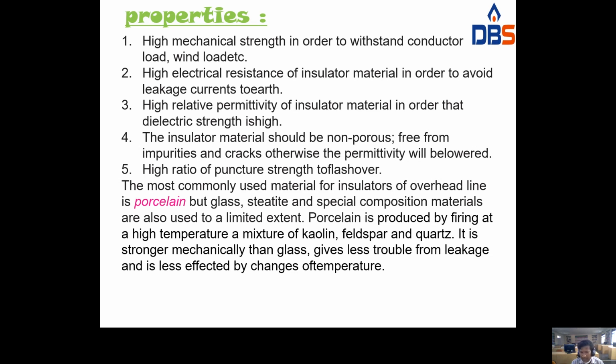It gives less trouble from leakage and is less affected by changes of temperature. If a change of temperature occurs, or leakage current is present, or mechanical strength is low, all these drawbacks are overcome with porcelain insulators. So porcelain insulators have good mechanical strength, avoid leakage current, and sustain changes in temperature also.